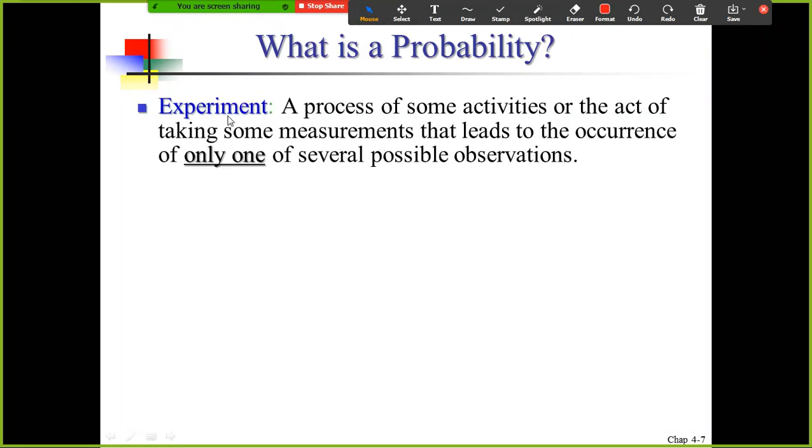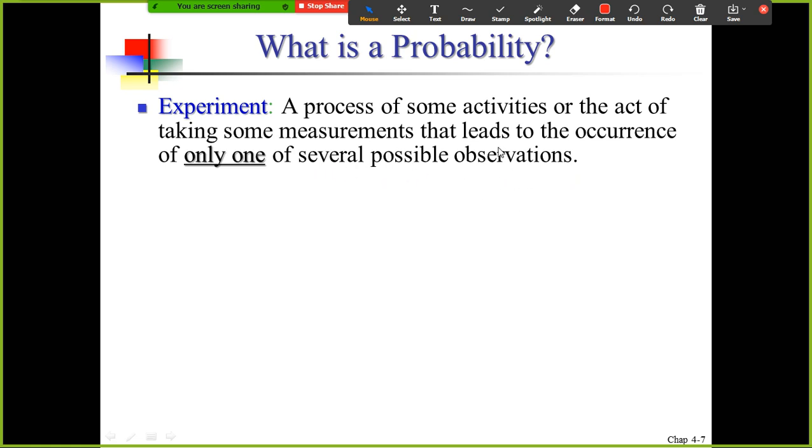1. Experiment. What does experiment mean? Experiment is a process of some activities or the act of taking some measurements that leads to the occurrence of only one of several possible observations.